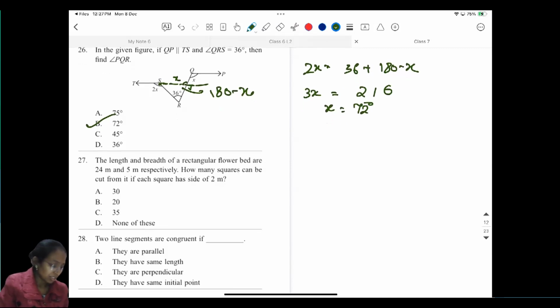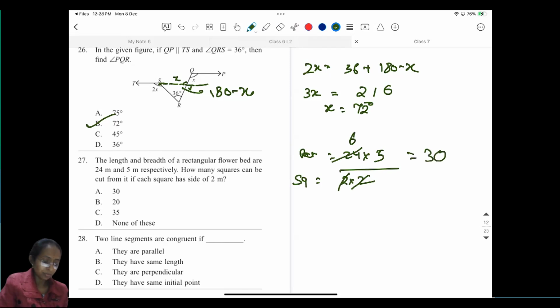Now next, 28. The length and breadth of a rectangular flower bed are 24 and 5. How many squares will cover it if each square has a side of 2 meters? First of all, the total area of the rectangle is 24 into 5, divided by the area of a square, which is 2 into 2. That will give me the total number of squares. So we can cancel it by 4, 6 times.